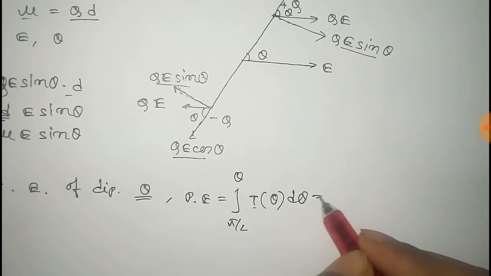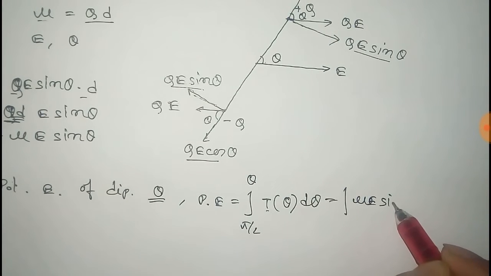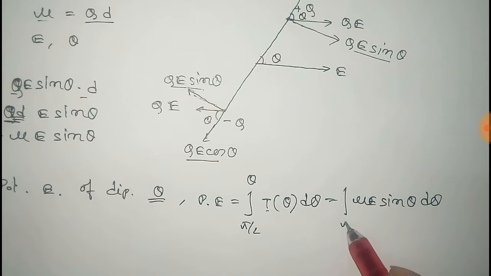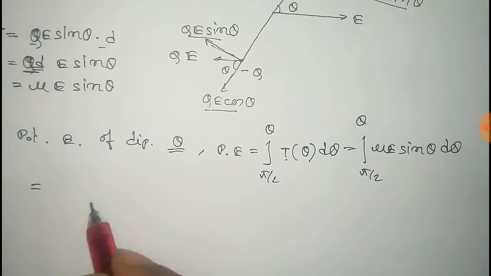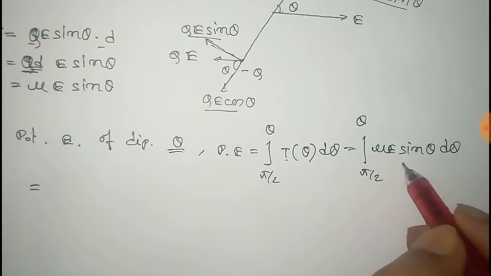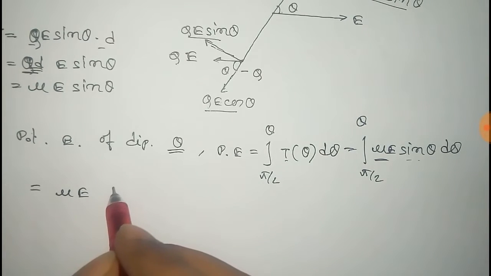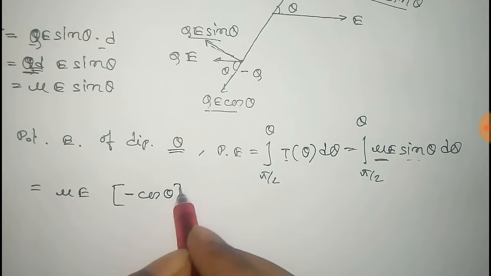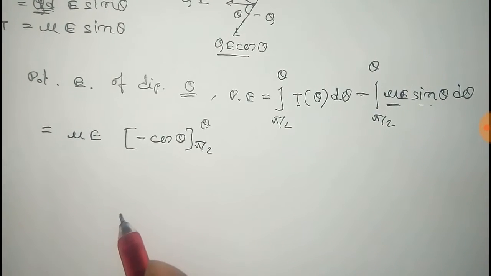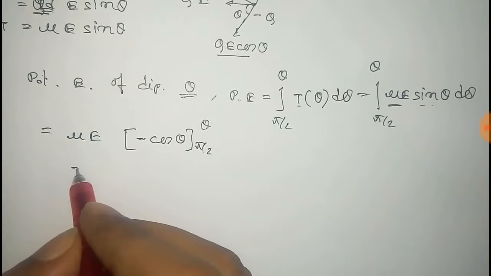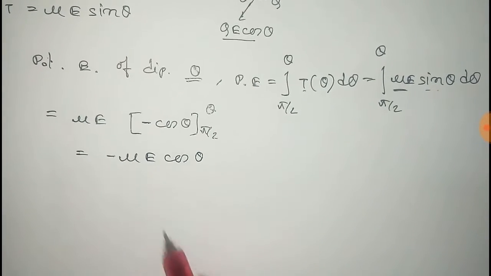Now put the value of the torque, that is mu E sin theta, so mu E sin theta d theta, pi by 2 to theta. Mu E is a constant, so it comes out, and the integral of sin theta d theta is minus cos theta with the limit pi by 2 to theta. After putting the limit, it becomes equal to minus mu E cos theta. Thus we get the potential energy.